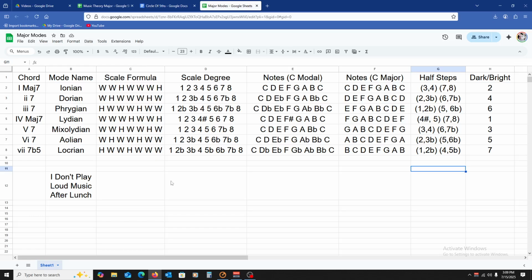And I think with that, we're going to leave it. Hopefully, you have a better understanding of modes and when they can be used and how you can use them to set emotional tones. You kind of have an understanding of which ones are going to give you happier or sadder vibes.